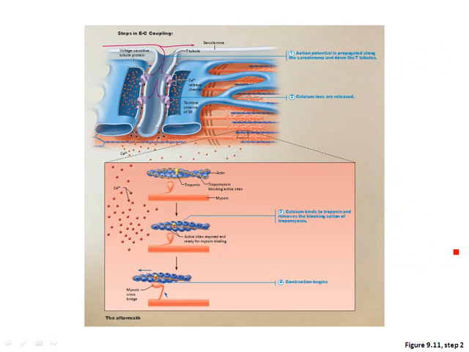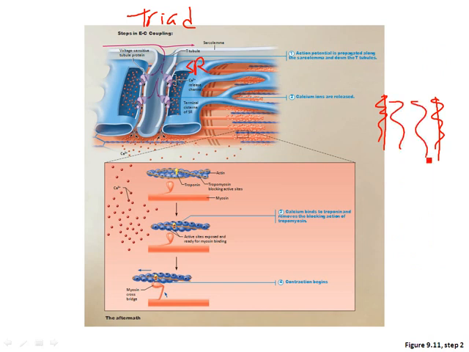Another word that I need to talk to you about is called the triad. If you look at a sarcomere, between the Z lines, there will be a web-like sarcoplasmic reticulum over here, and sarcoplasmic reticulum over here.